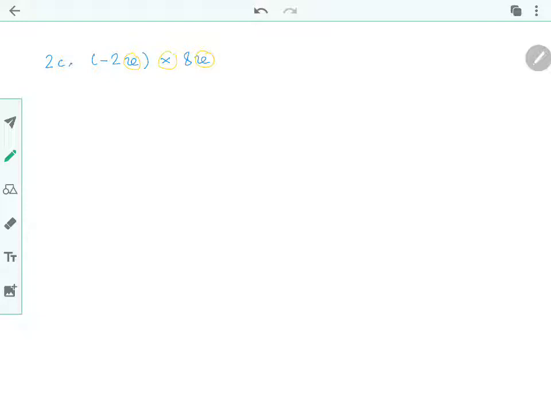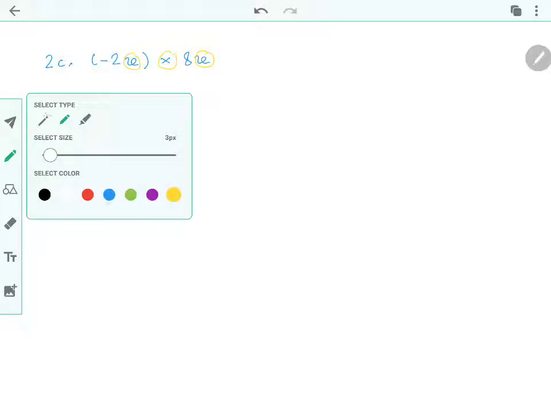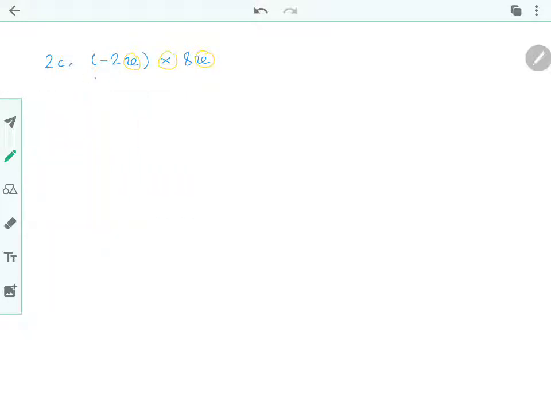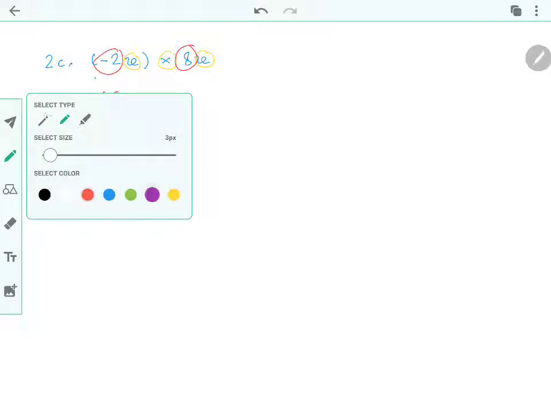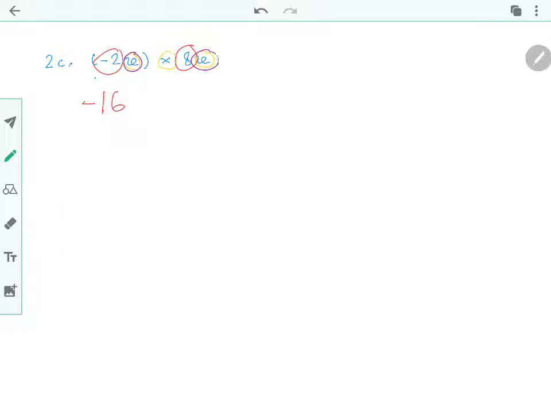Now negative 2x times 8x is, let's start with the numerals first. So negative 2 times 8 is equal to negative 16, and then x times x is equal to x square.